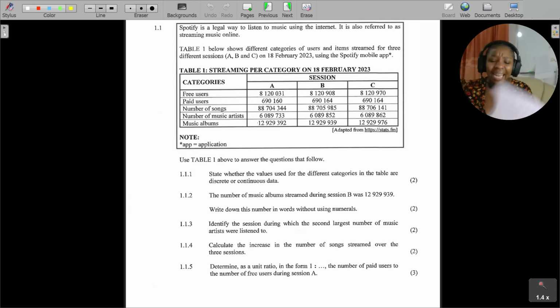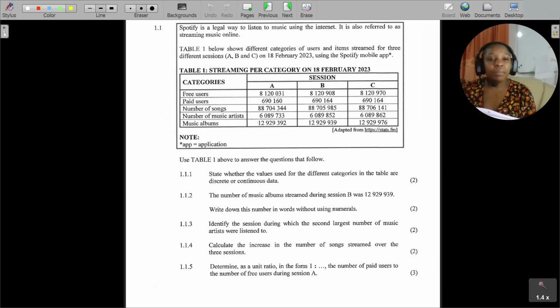Question 1. With question 1, we're analyzing the data that's given to us here. What's important for question 1.1 is that we need to be able to work with our ratios. We need to give our ratio in unit form.